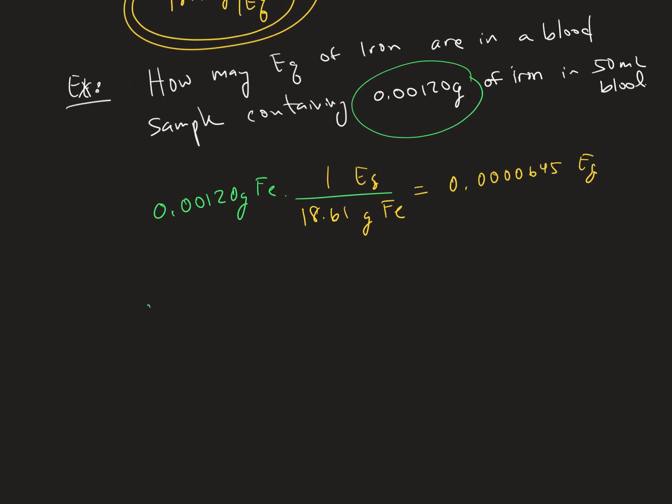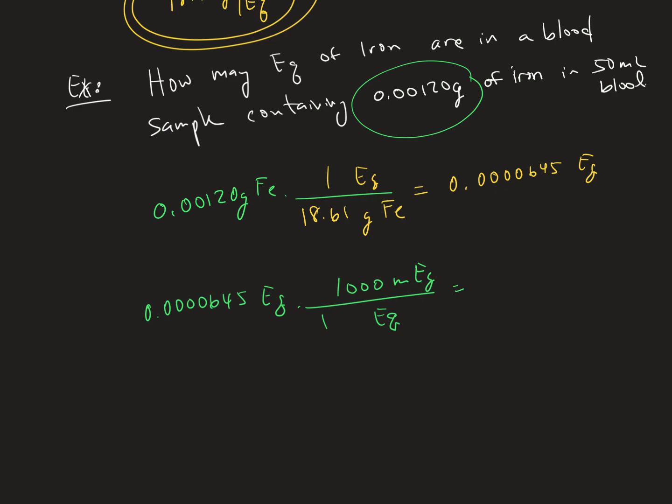So we take 0.0000645 equivalents. Did I get that right, guys? Okay. And I'm going to convert this to milliequivalents. So 1 equivalent is equal to 1,000 milliequivalents. Good?